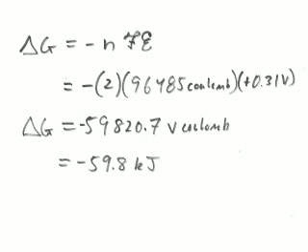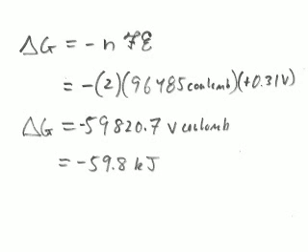If instead the question had asked for the delta G of this rather than the cell potential, what would you do? Well, delta G is related to cell potential by minus nF epsilon. So minus, it's 2 electron transfer, 96,485 coulombs per Faraday. The potential of this cell at the moment is 0.31 volts.